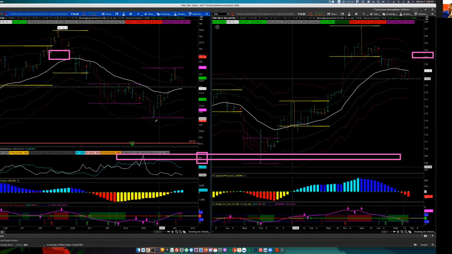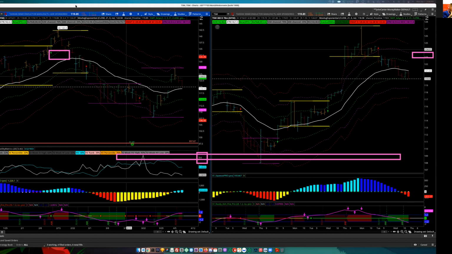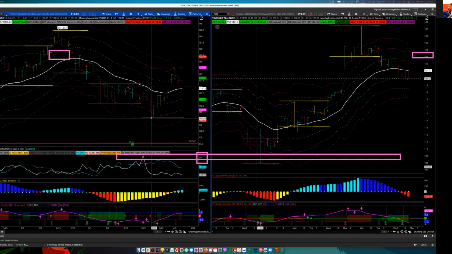There's that move again. So let's try, well, all right. So we have a retracement to more than 2 ATR where we found support last week, right?